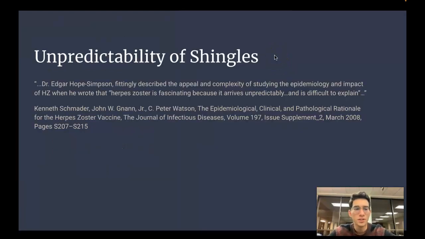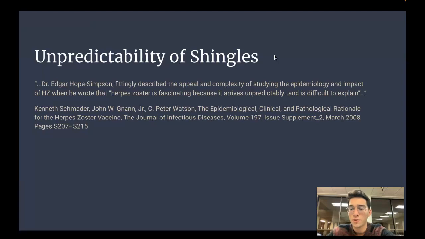Shingles is very unpredictable, you could say. Dr. Edgar Hope-Simpson said that herpes zoster is fascinating because it arrives unpredictably and is difficult to explain. Like I said, it develops after a person has a lower immune system, but to what extent that immune system has to be lowered, or what circumstances actually cause it to develop, is not known.